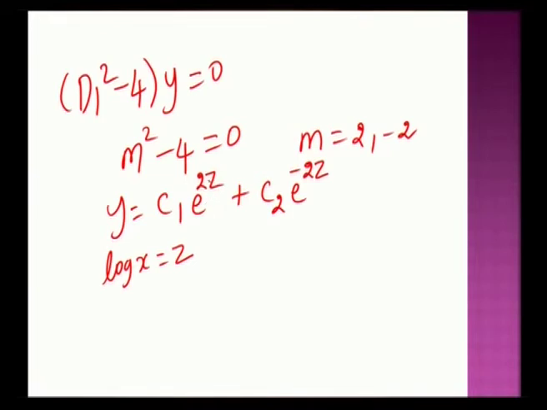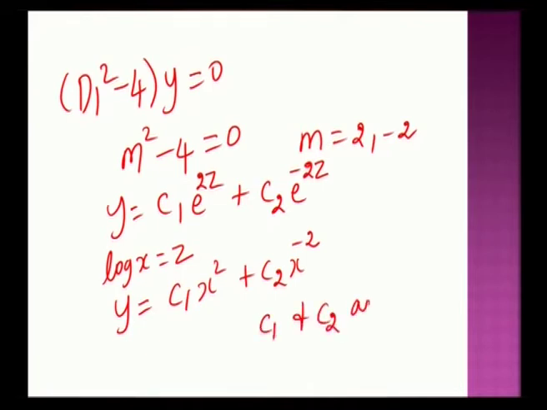So, this e power 2 log x will reduce to x square. So, the solution will become y is equal to c1 x square plus c2 x power minus 2, where c1 and c2 are arbitrary constants.